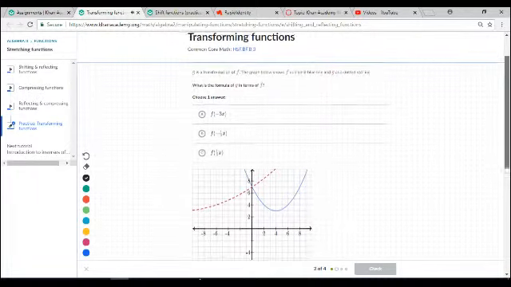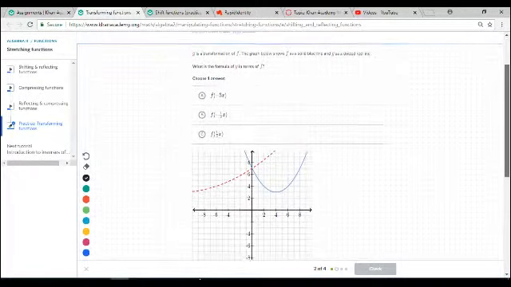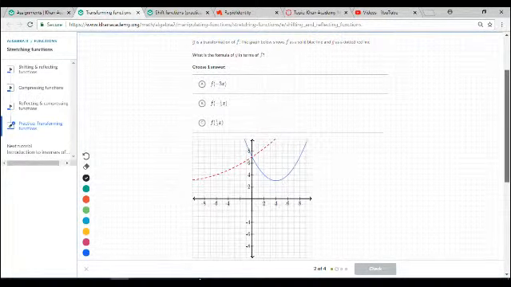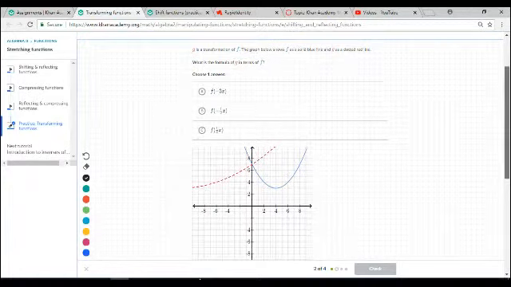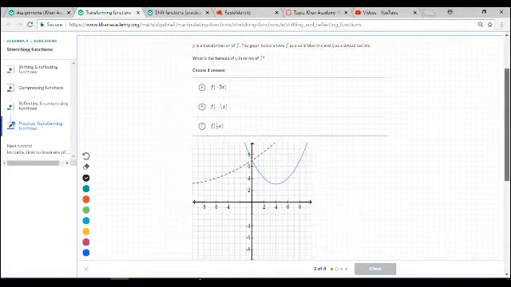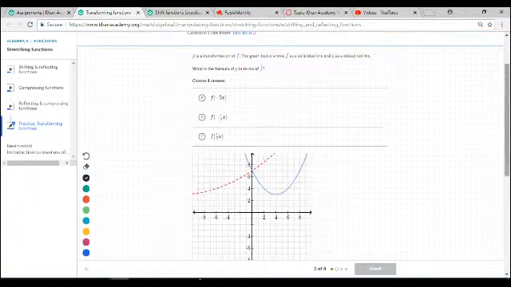Okay, now we're going to look at this problem. What is the formula of g in terms of f? So we're looking at horizontally. Looks like g is stretched out compared to f of x, and it also looks like it's probably flipped across the y-axis.